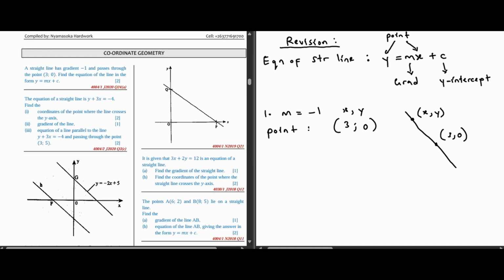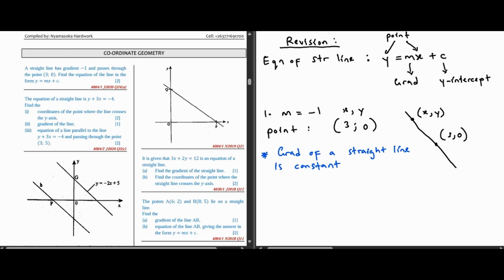Do you know that? It's not part of our solution, but let me write it down. The gradient of a straight line, take note that it is a straight line, is constant. That's important to note.